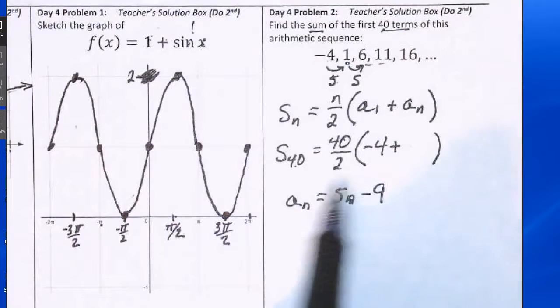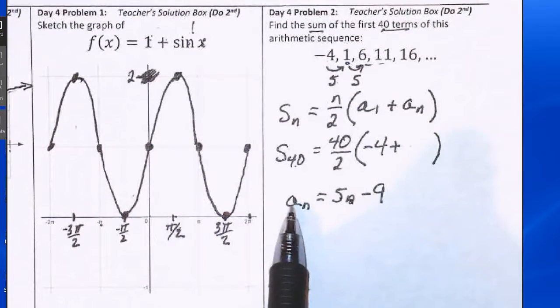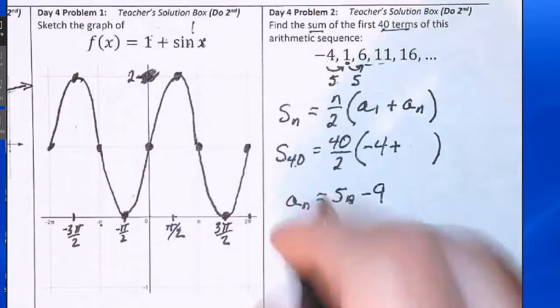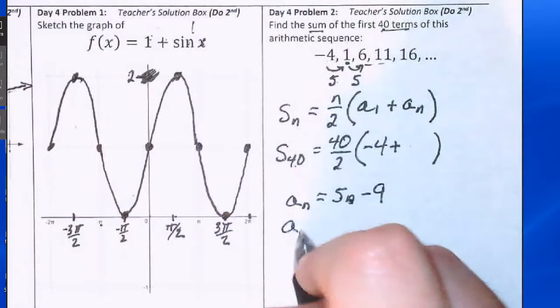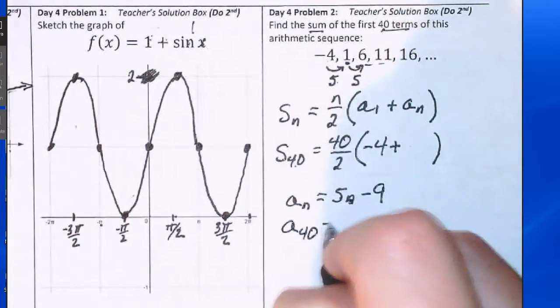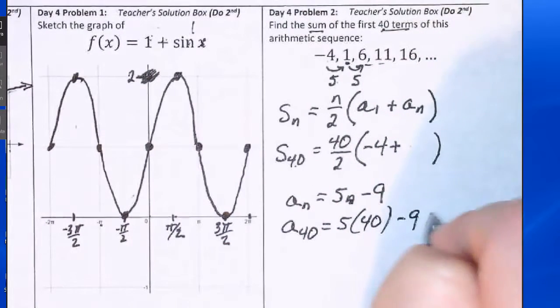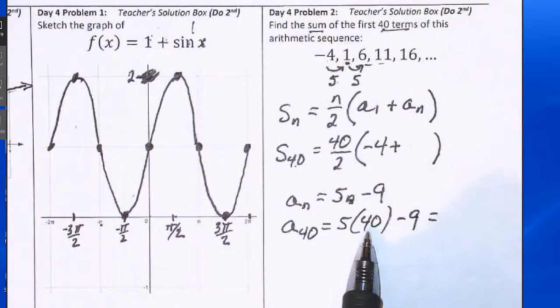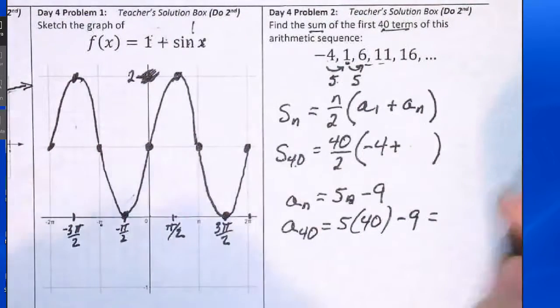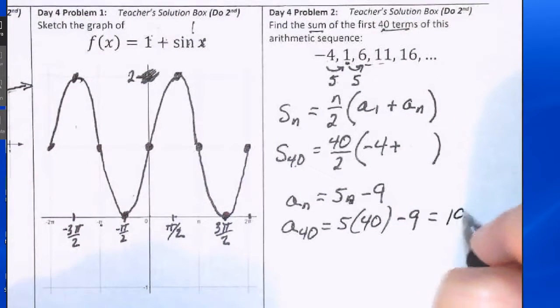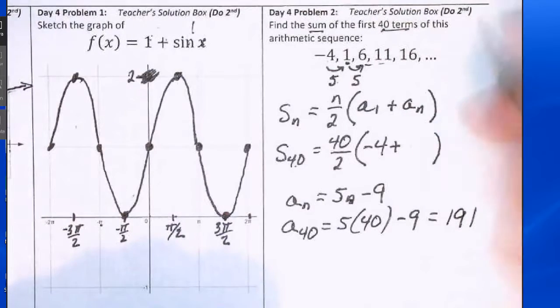So this is the correct general formula to find us any term we want, and we want to find the 40th term. So we can go 5 times 40, subtract 9. 5 times 40 is 200, and 200 subtract 9 is 191. And now we know what number goes here.